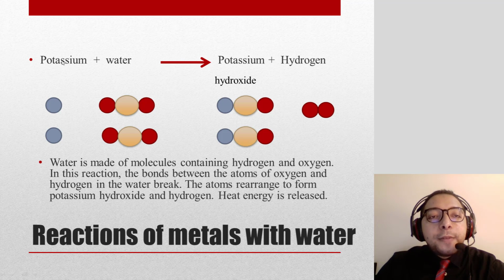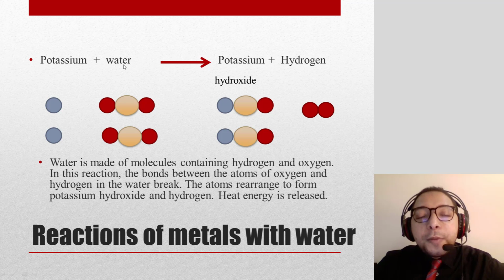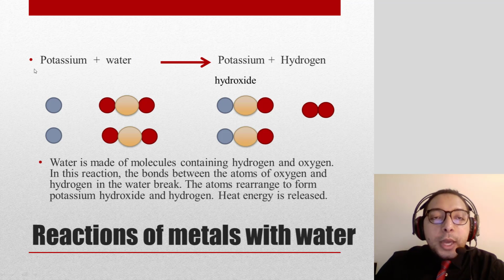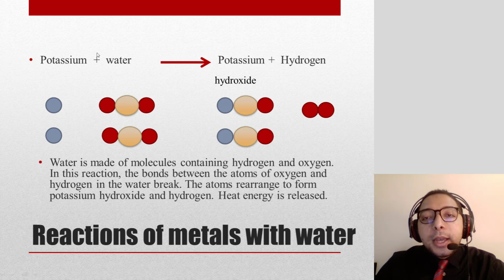So over here, each potassium atom has taken one oxygen and 1 hydrogen, leaving one hydrogen out. These 2 hydrogens have been collected in a molecule called hydrogen, while the potassium has attached with oxygen along with hydrogen. Before the arrow, we have the reactants, and after the arrow we have the products.